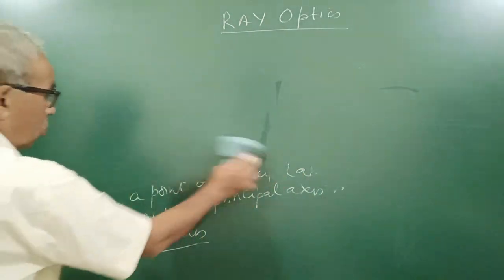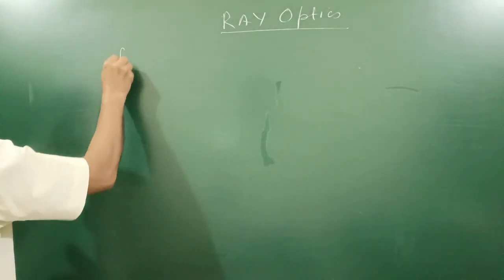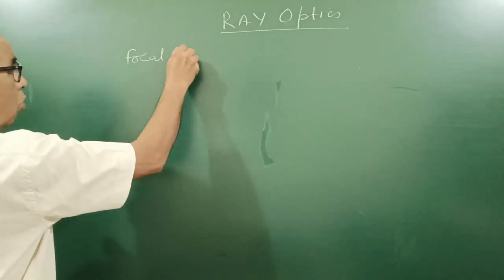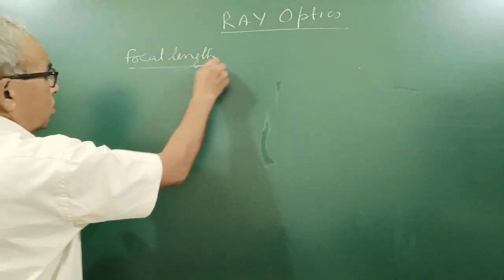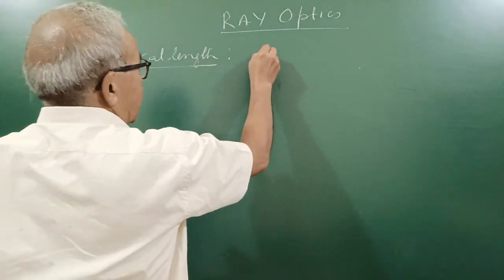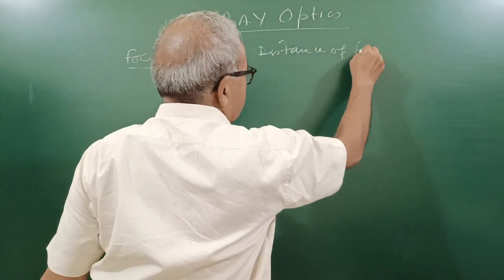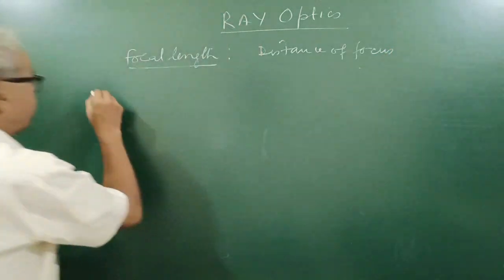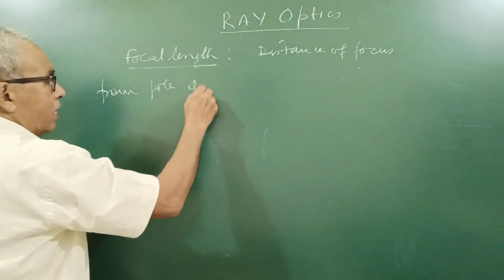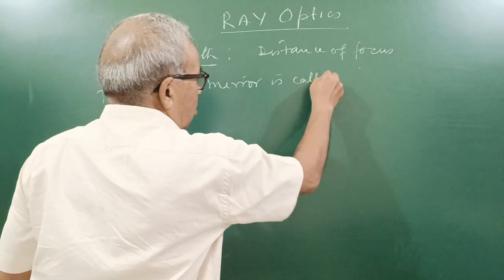Focal length, you know what is focal length? Distance of focus from pole of mirror. I write it, otherwise students say you did not write it. Focal length, the distance of focus from pole of mirror, is called focal length.